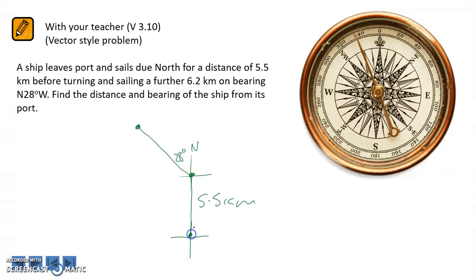So we need to find the distance from here to here, but we also need to find the bearing of the ship from the port, so from the start. So if we were here, looking back, what would this angle be? And it would be north so many degrees west.